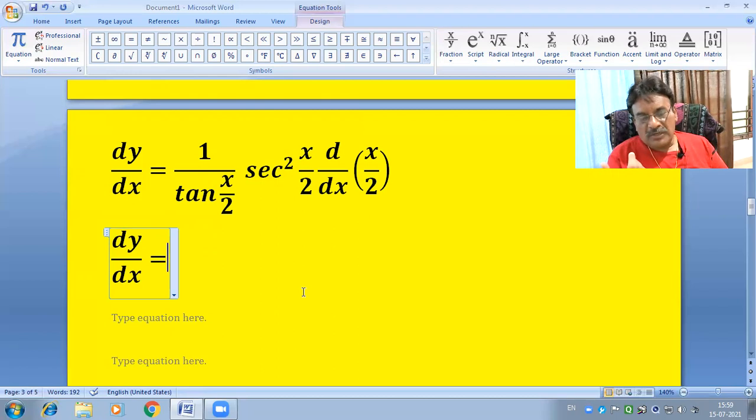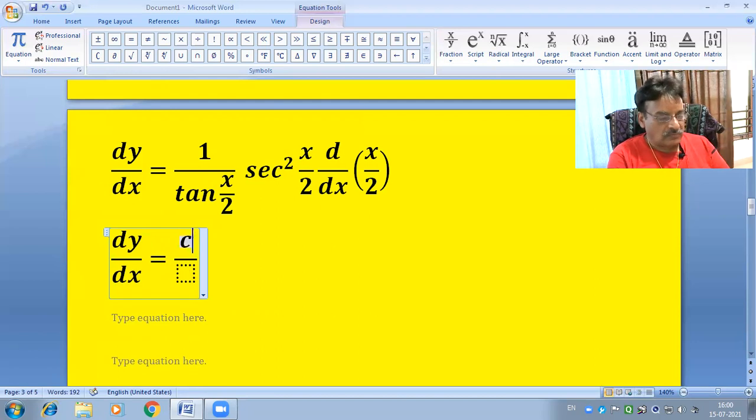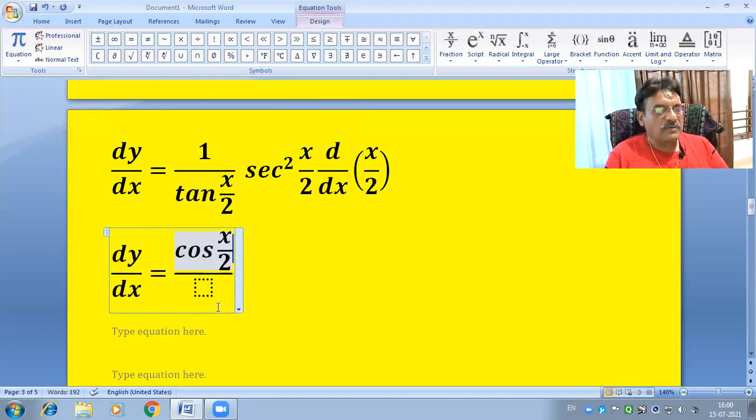The formula for cot x by 2 is cos x by 2 upon sin x by 2, because 1 upon tan x by 2 is 1 upon sin x by 2 upon cos x by 2, and by taking the reciprocal we get cos x by 2 upon sin x by 2.